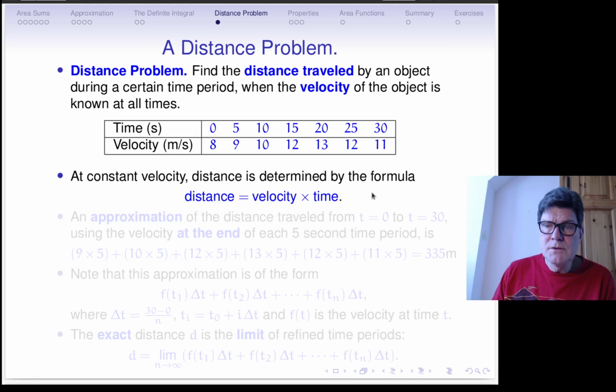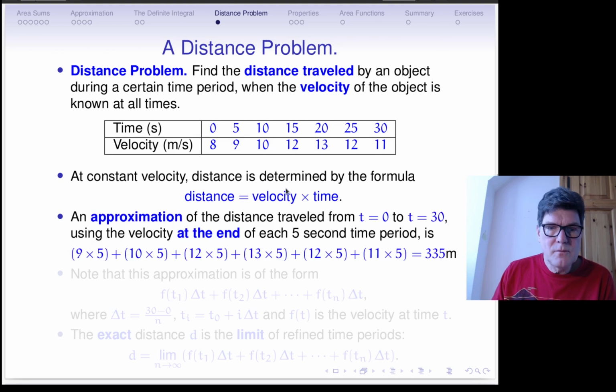So, using this simple formula as an approximation for the distance traveled over this 30-second period, let's take the velocity at the end of each 5-second time period here as an approximation of the velocity over the previous 5 seconds.